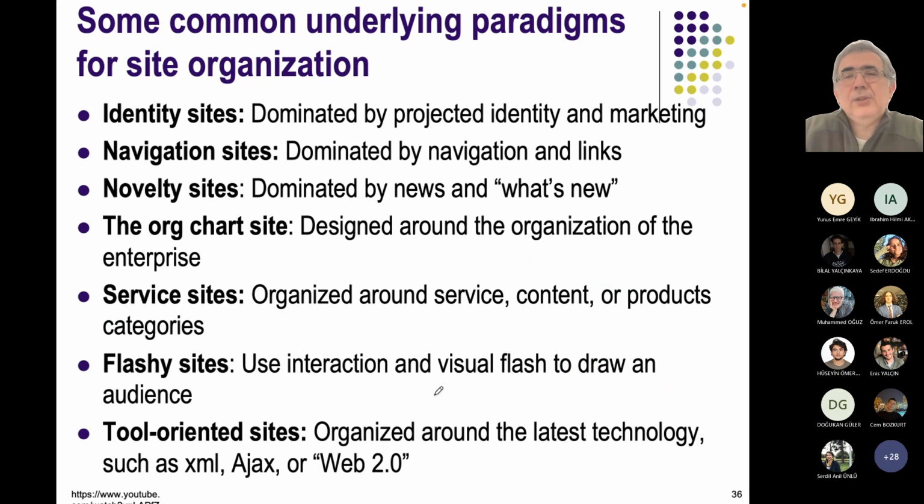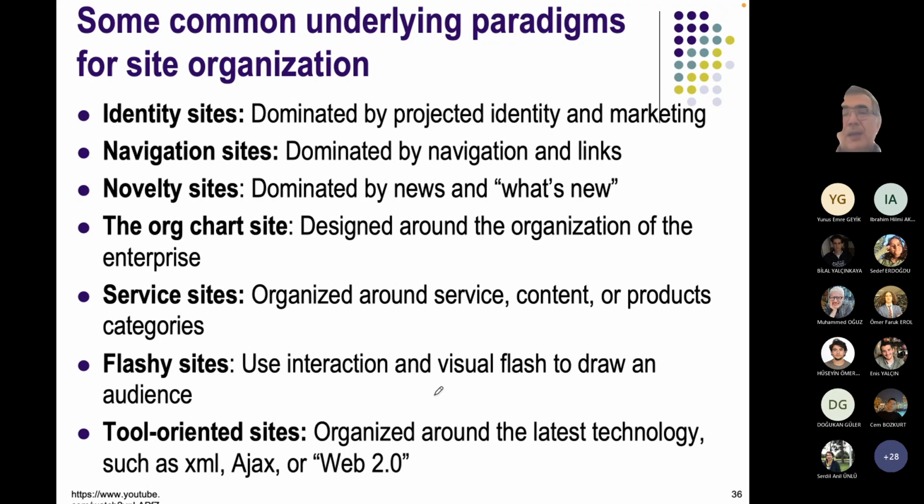Also, he talks about site organization. Sites are usually done for a certain purpose. Some of them are identity sites like furniture companies, navigation sites like Wikipedia or search engines, novelty sites or news, organizational sites like the school or an association, etc. İstanbul Ticaret Odası, etc. Service sites, it's around the service content or product categories.